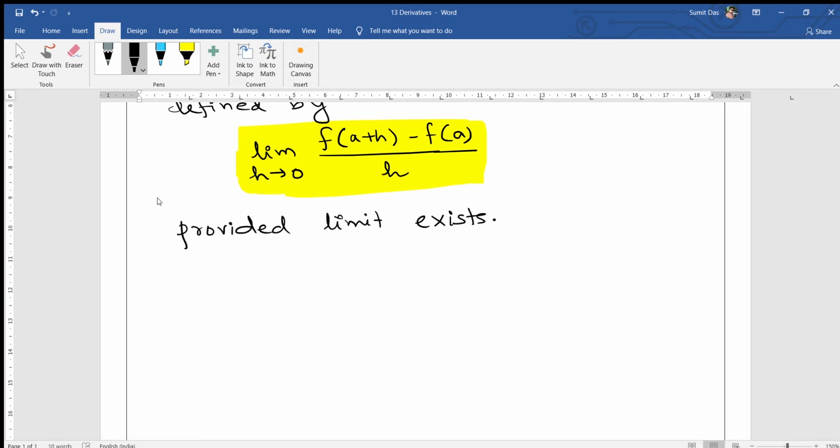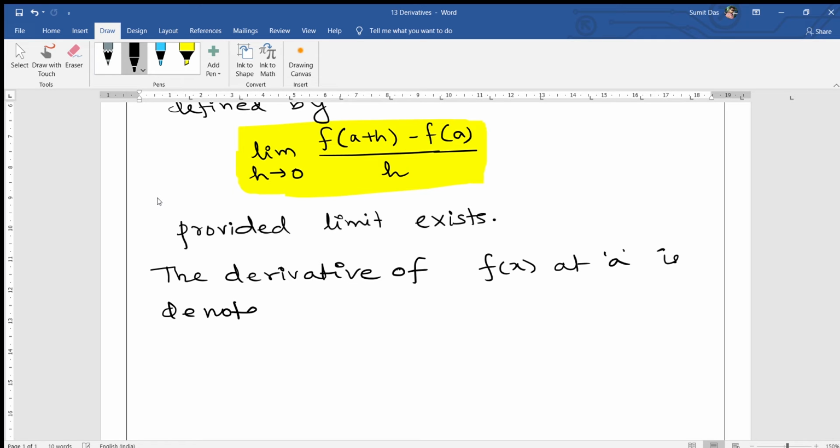And the derivative of f(x) at a is denoted by f dash a, or later we will know this as the derivative sign, d by dx of f(x) at a.